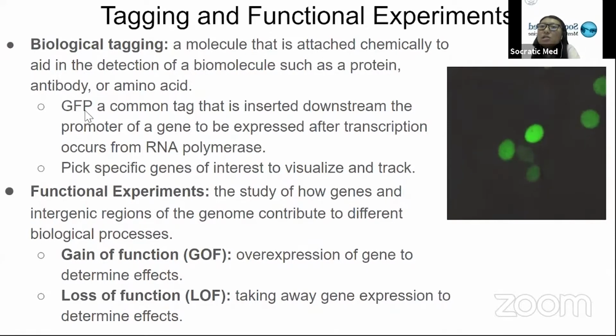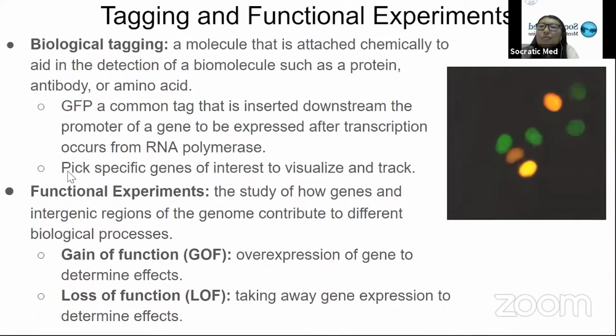GFP is usually inserted downstream of the promoter of a gene so that it ends up being expressed after transcription occurs from the RNA polymerase that usually works on the proper gene.